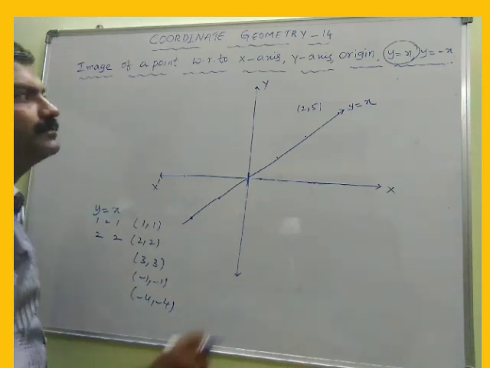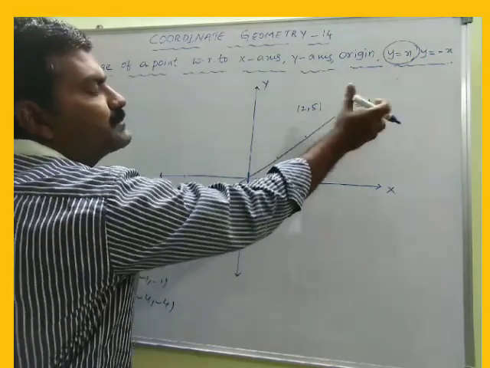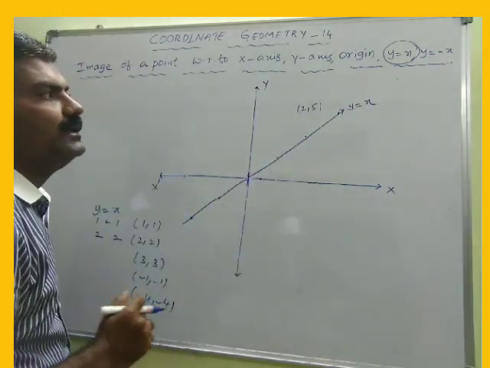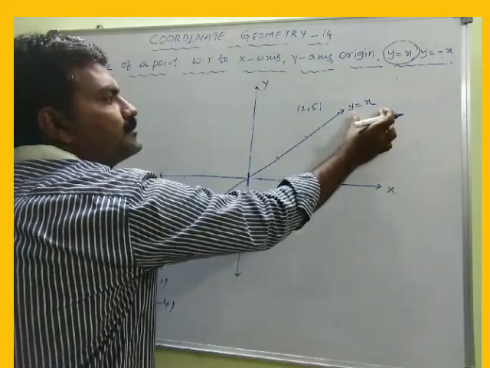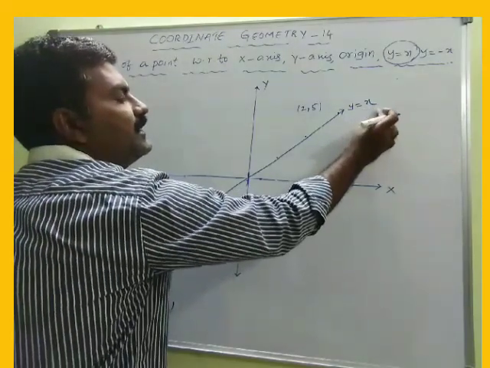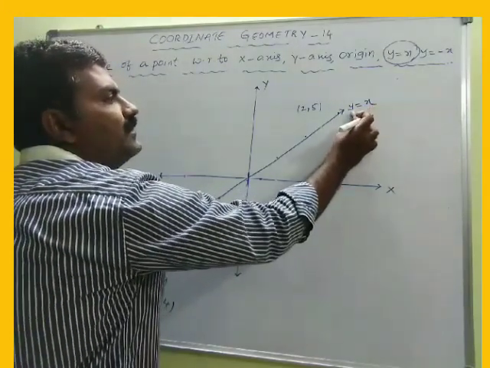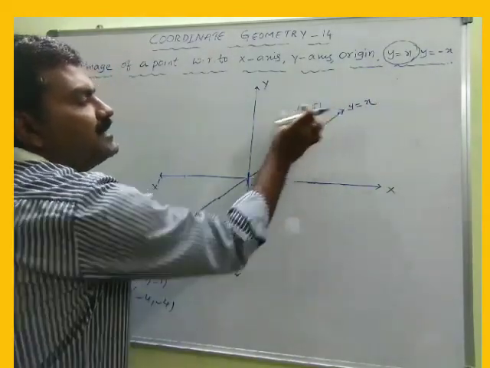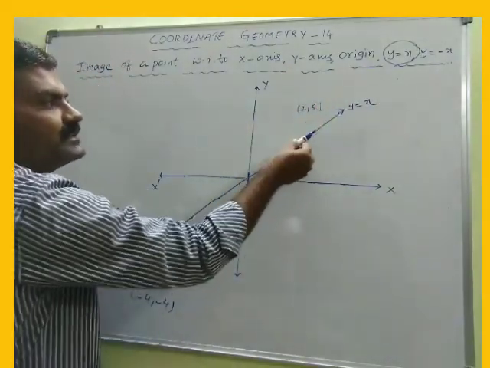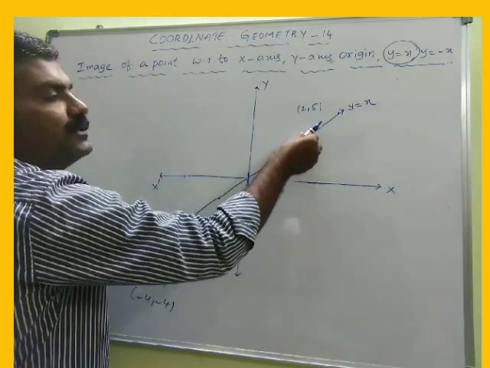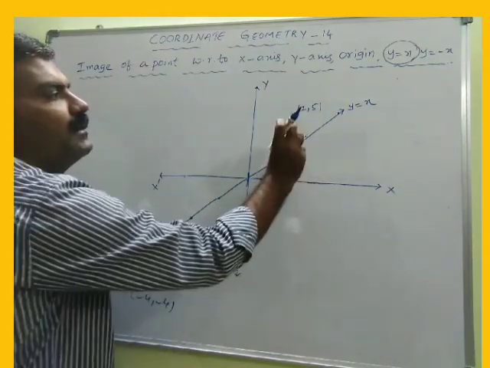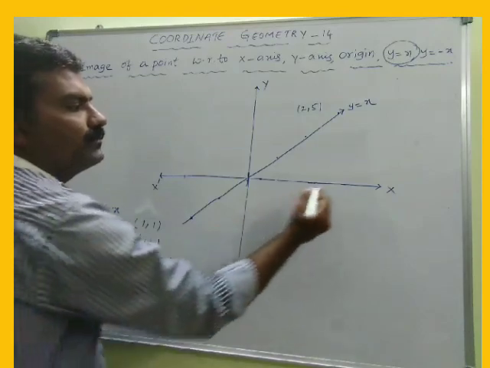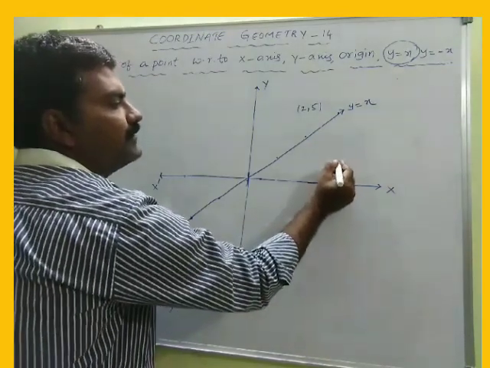So the image of (2, 5) with respect to y is equal to x. If you observe here, easily you can identify x is nothing but y and y is nothing but x. Hence the image of (2, 5) with respect to this line y is equal to x is nothing but (5, 2), somewhere here.